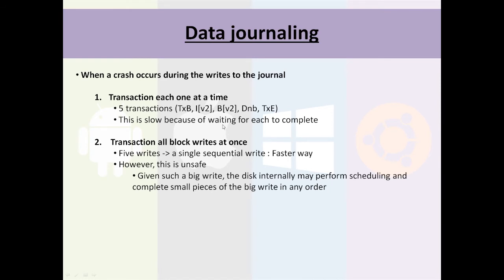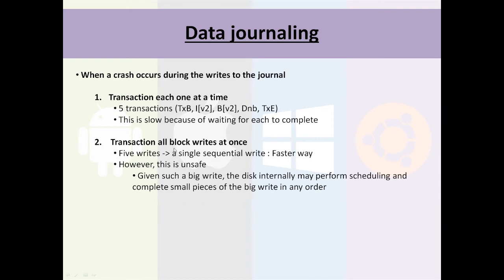So one simple way, like I said, is to perform each transaction one at a time, but it is slow and it can lead to inconsistencies if crashes occur during this time.